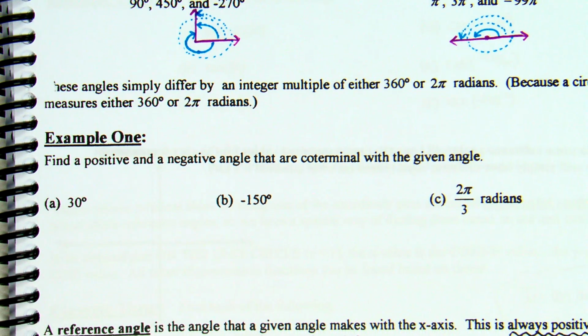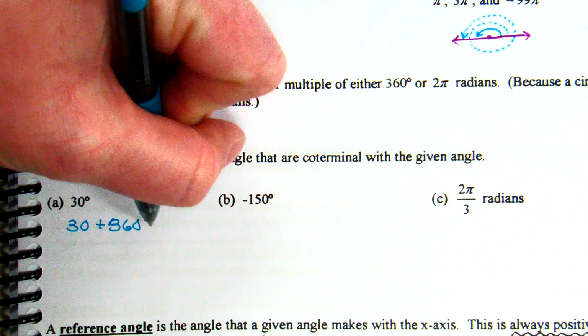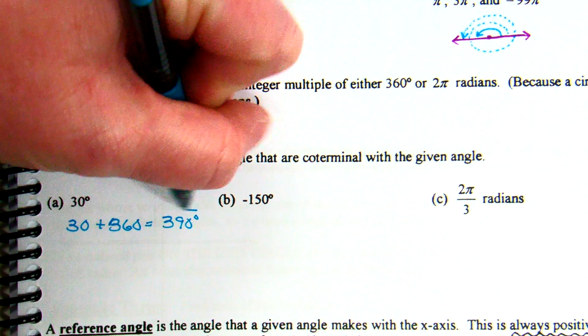Why 390? Yeah. If you're at 30, how do you find the next angle? You're going to add a whole circle. So you're going to add 360. So 30 plus 360 is going to give me 390 degrees.